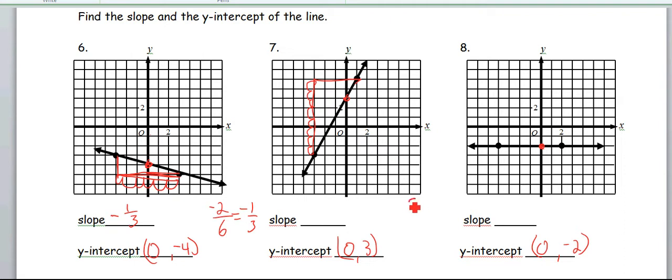That's my vertical change. And then over 1, 2, 3, 4. I have 8 over 4. 8 divided by 4 is 2. Now here we have a horizontal line. Remember, a horizontal line, the slope is 0.